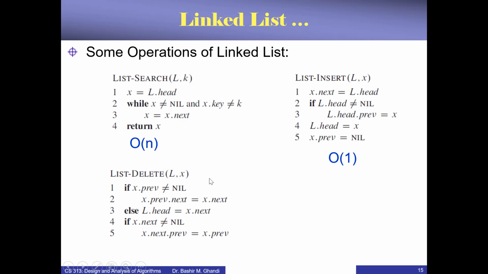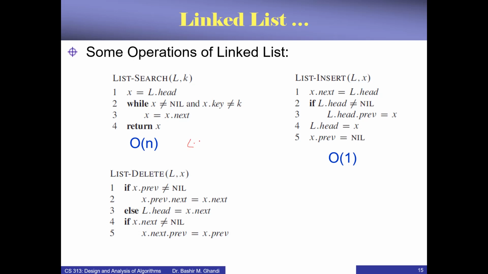Alright, so again, there are 3 possible scenarios here. Let's try to draw 3 lists to show the different scenarios. The first scenario, it could be that the node we are deleting is actually at the beginning.